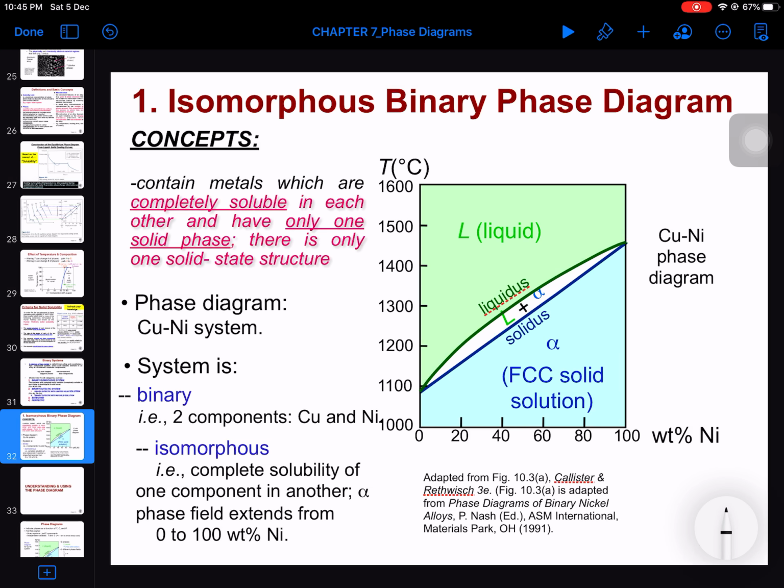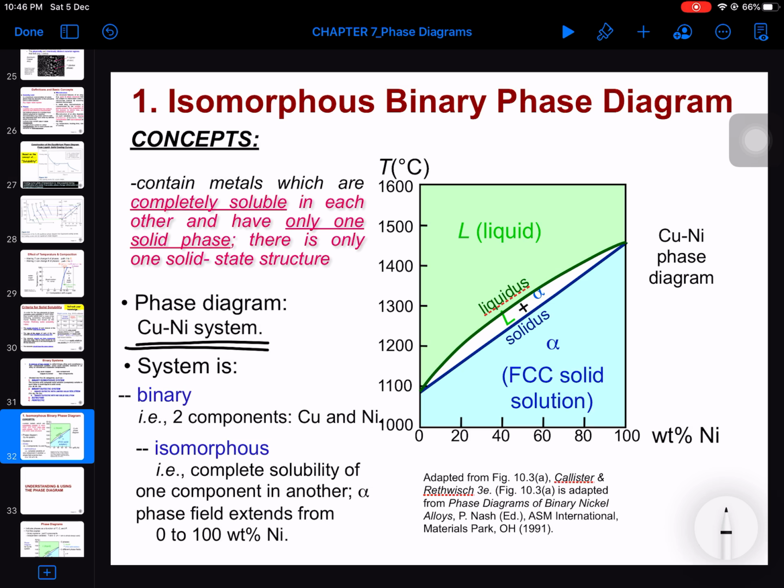So let's have a look at the isomorphous binary phase diagram. The isomorphous binary phase diagram is meant only for the combination of elements or components, or compounds, that are completely soluble in each other. I mean, they obey 100% the Hume-Rothery rules. The classic example is the copper nickel system.